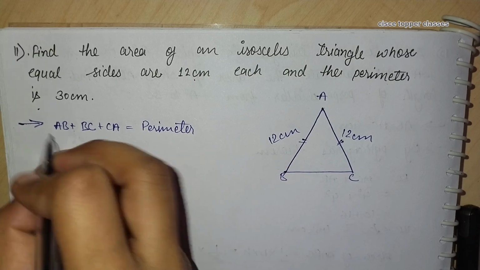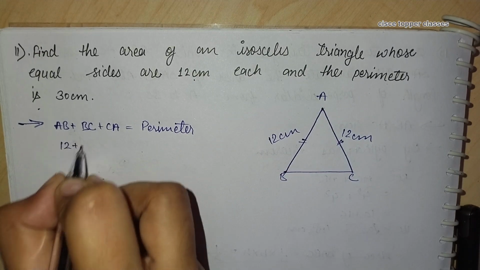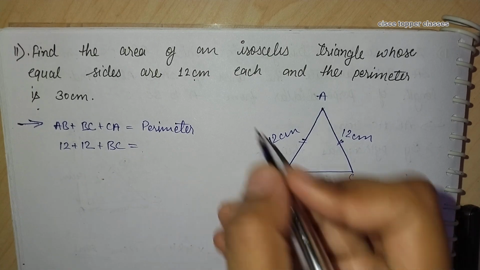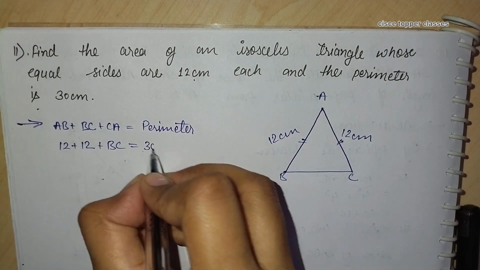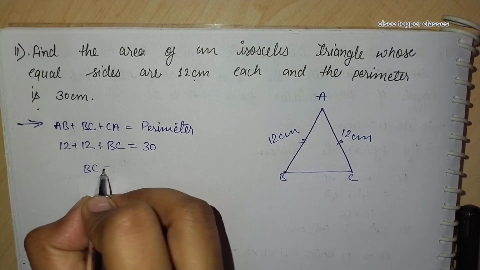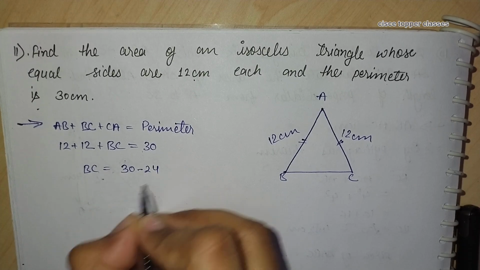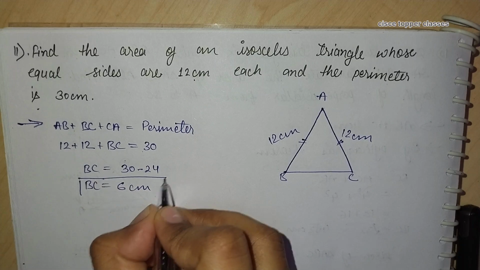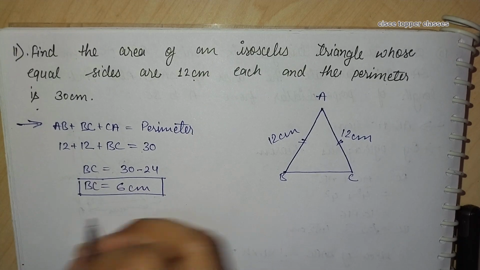Here we will put the value of these. So this will be 12 plus 12 plus BC is equal to perimeter. Here it is given to us as 30 centimeter. So from that we can find 30 minus 24. So this will be 6 centimeter. Means the value of the side BC is 6 centimeter.